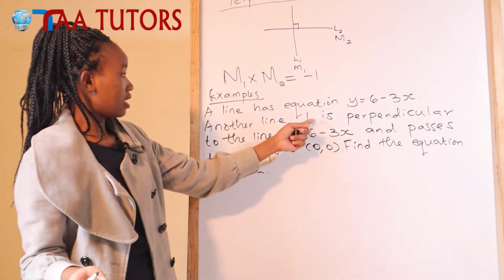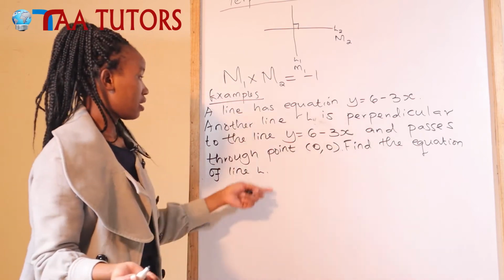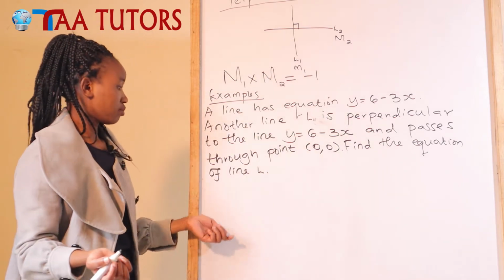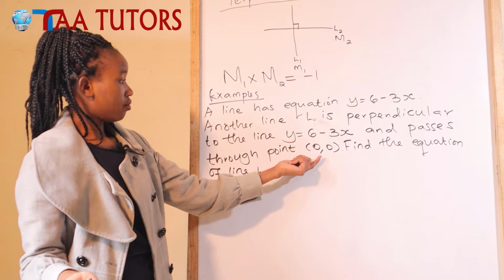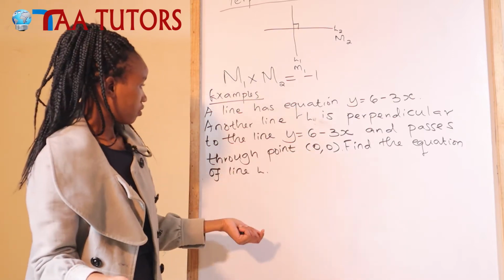Another line L is perpendicular to the line y equals 6 minus 3x and passes through the origin, which is point (0, 0). Find the equation of line L.